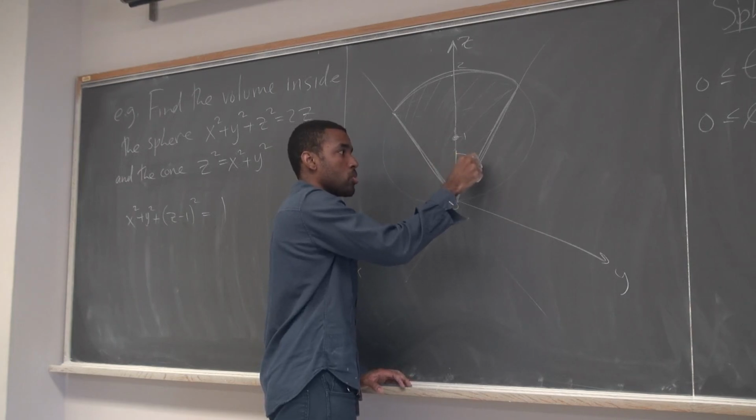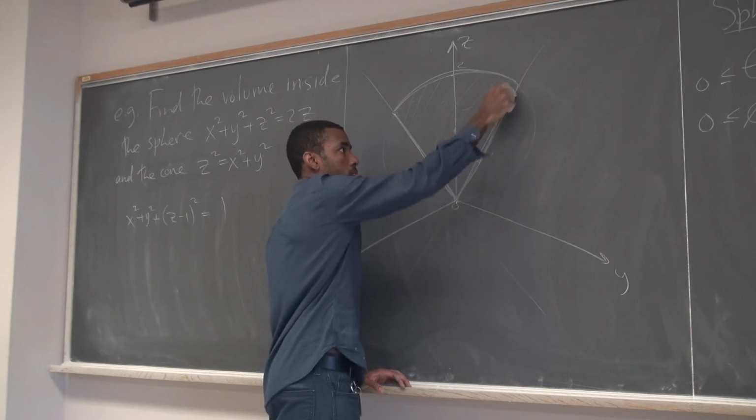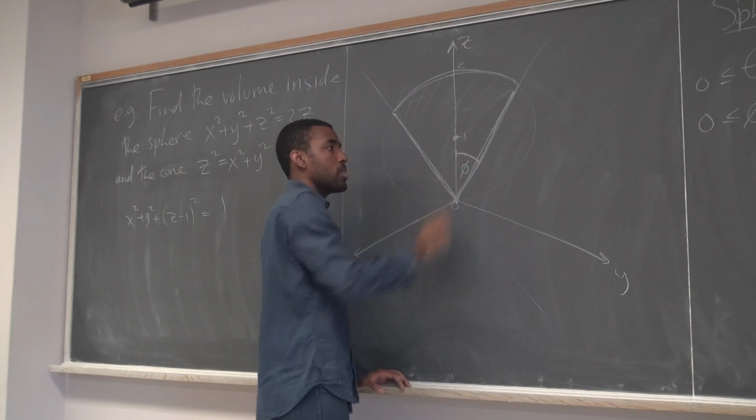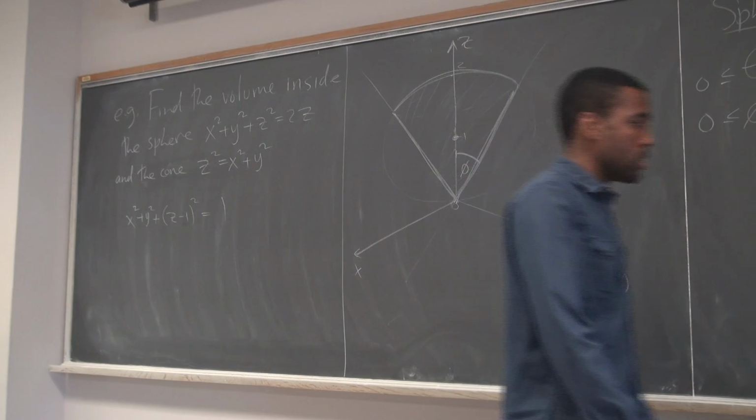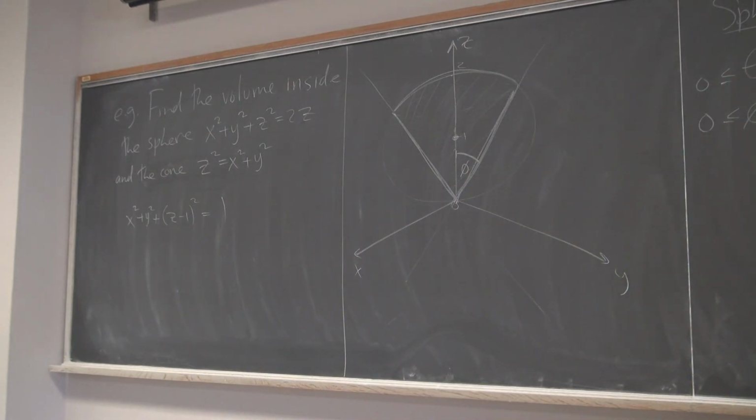But we stop on this line, that's protruding here. That's my angle phi. How do I know that's pi over 4? Because it looks just like x equals y. I didn't draw it to scale, I just sketched it by hand. It doesn't matter what it looks like. You should look in either the zx plane or the zy plane, and it'll be either z equal to x or z equal to y, so that's 45 degrees.